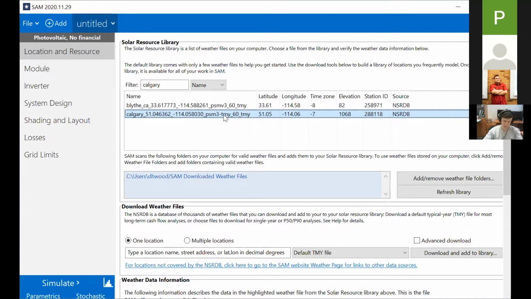It stands for typical meteorological year. So it's meant to be a representation of an average year, in this case, of solar radiation data, because it's necessary to do these analyses for something that's typical of, say, the 20-year lifetime of a project. And that's what a typical meteorological year is meant to indicate.